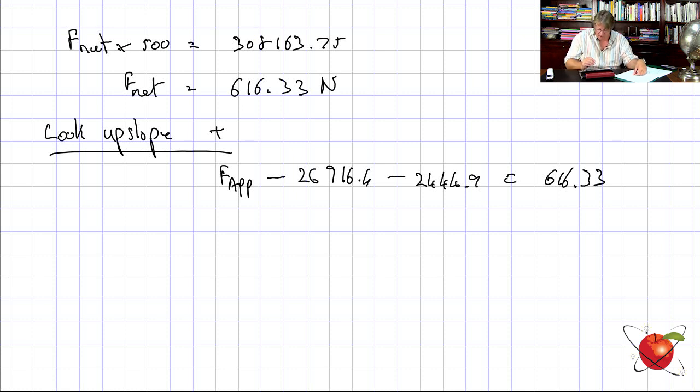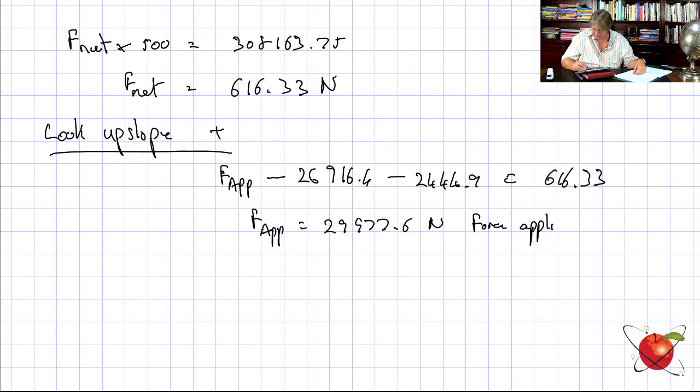Why? Well, F applied is upslope. The others are all pulling back. Right? Therefore, F applied is going to be equal to 29,977.6 newtons. Right? Therefore, this is the force applied by the engine.